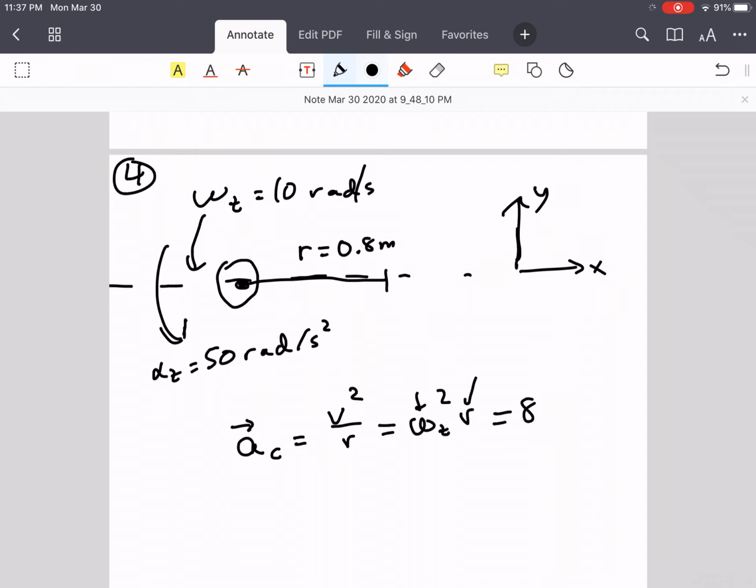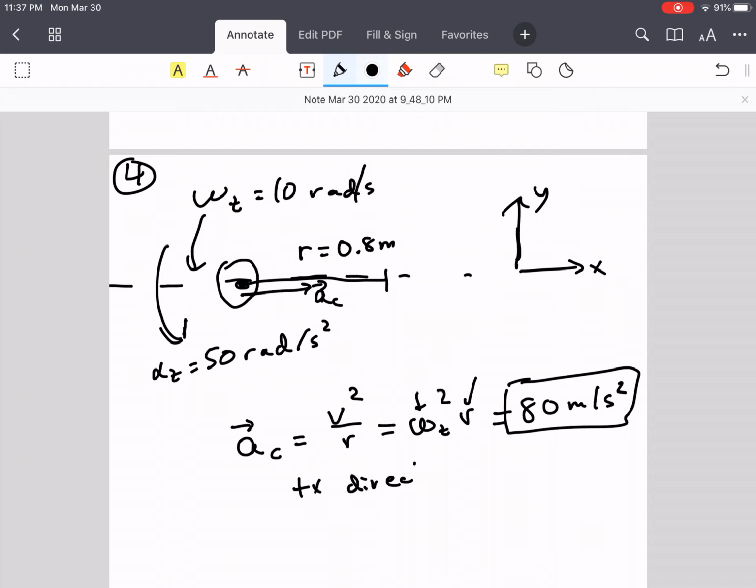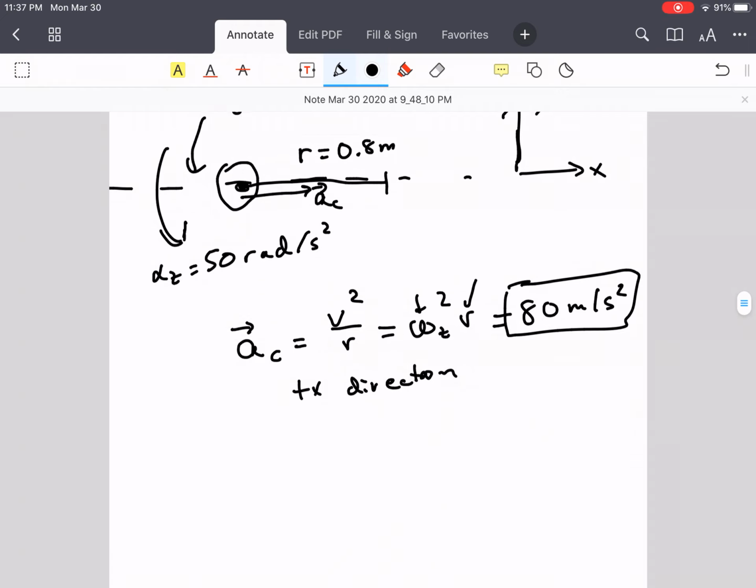I get 80 meters per second squared. Again, I just want to emphasize radians are a unitless quantity, and that's why I can just forget about the radians in this expression. Which direction is this going in? So I want you guys to think, is it plus x, plus y, or minus y? Forget about the drawing where it's actually answered already. So this is in the plus x direction because centripetal acceleration always points towards the center, which in this case is the plus x direction.